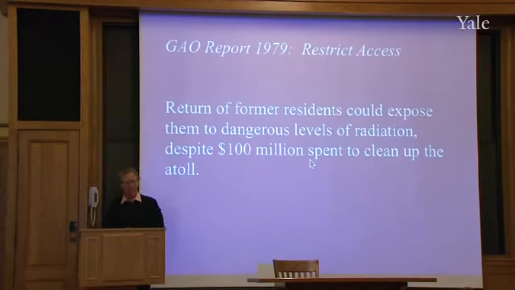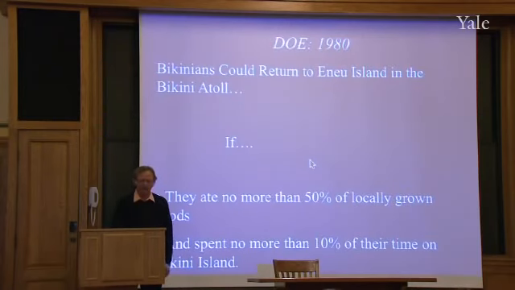They argued for restricted access, and that if the return of the former residents occurred, it would expose them to dangerous levels of radiation, despite the fact that they spent $100 million trying to restore the site.